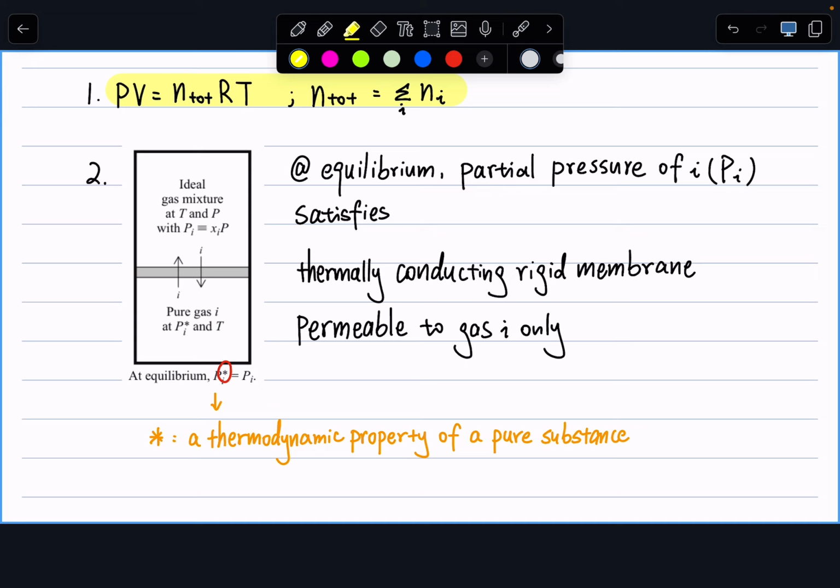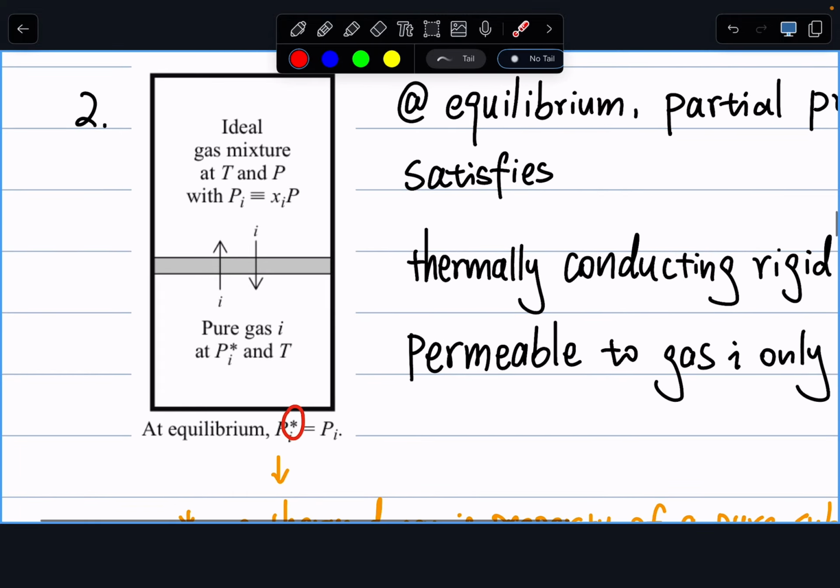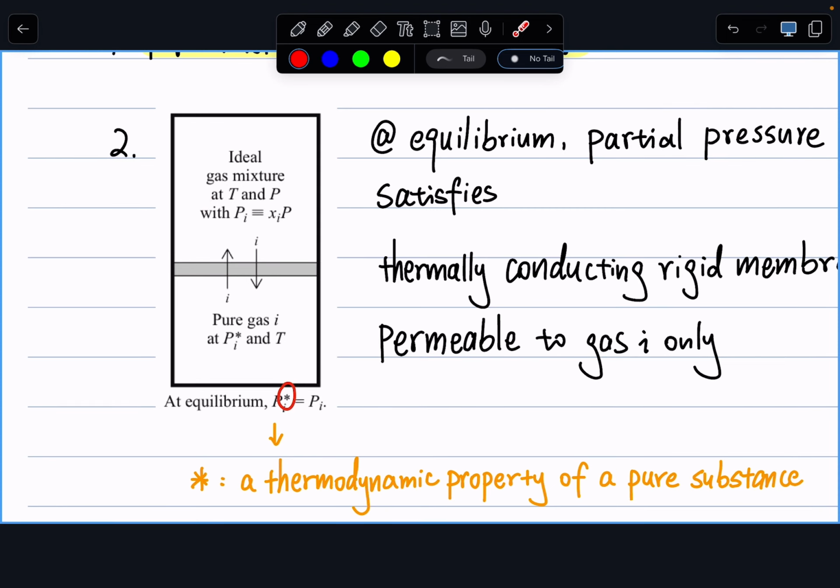All right, so that's the first criterion. The second criterion, I want to spend a little bit more time looking at. So thinking about an equilibrium condition. On the left-hand side, thinking about a chamber, on the top we have ideal gas mixtures, like my A, B, and C, at some temperature T and pressure P. And for each species, its partial pressure equals its mole fraction times the total pressure.